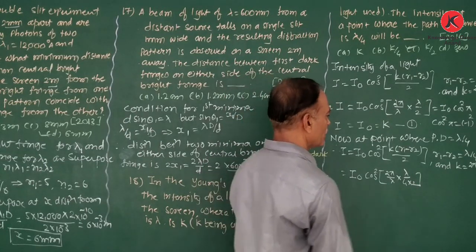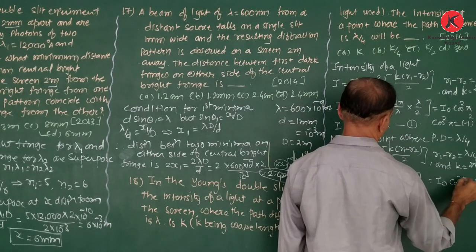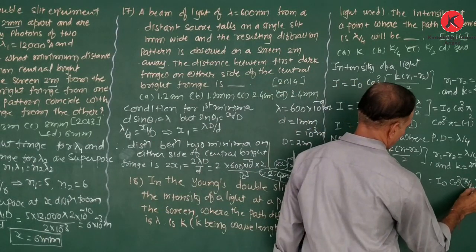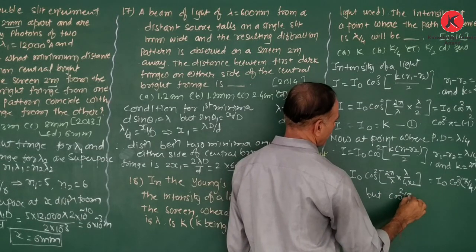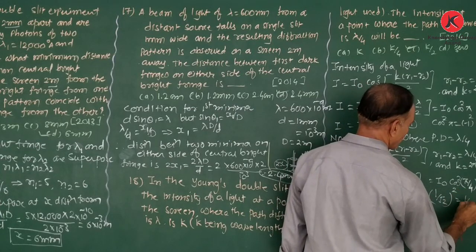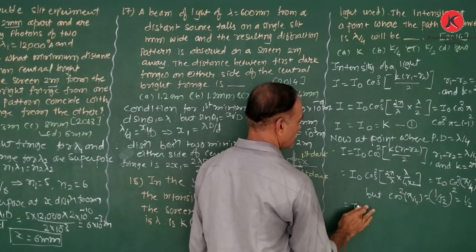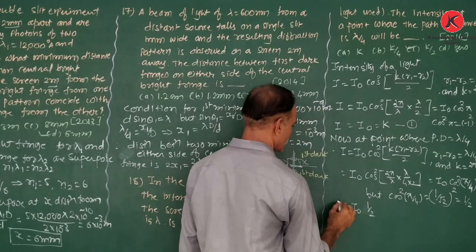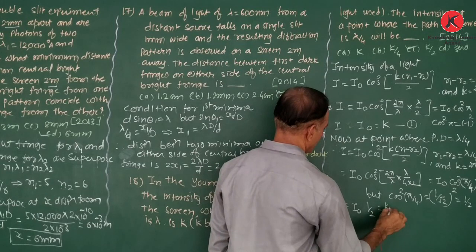Lambda cancels, therefore cos square pi by 4. We know that cos square pi by 4 is equal to (1 upon root 2) whole square, which is 1 by 2. Therefore I is I0 times 1 by 2, but I0 is equal to K, therefore K by 2.